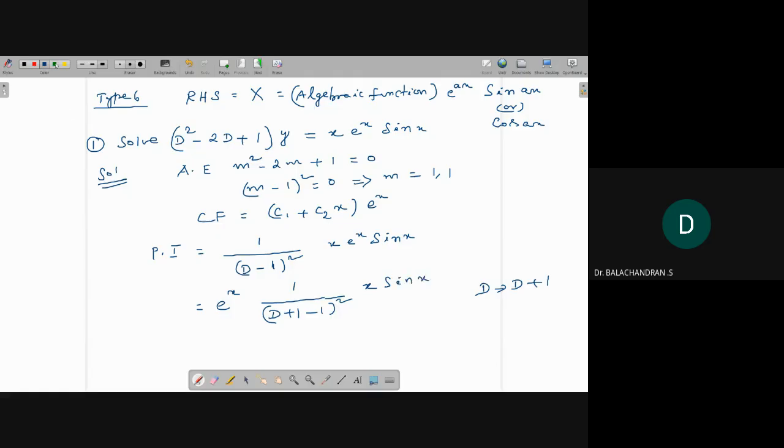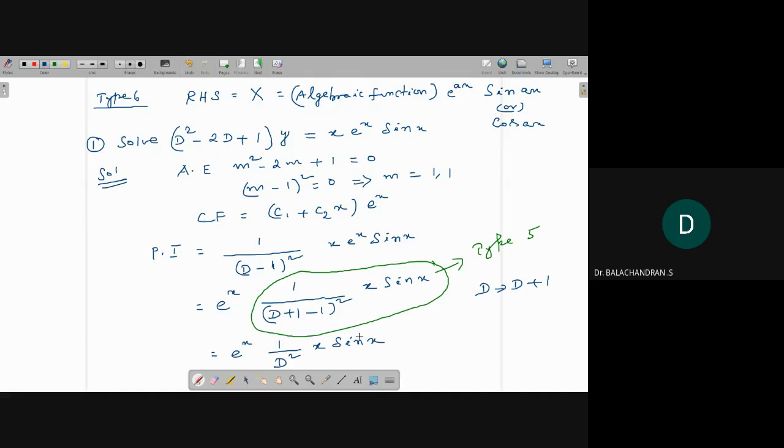So now this is actually type number 5. This is type number 5, x into sin x. So this is equal to e power x into 1 by d square of x into sin x.